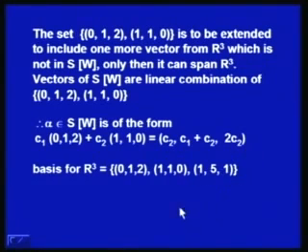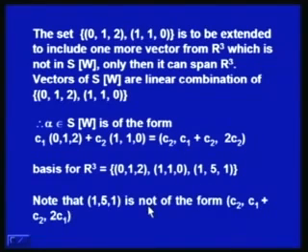Note that (1, 5, 1) is not of the form (C2, C1 + C2, 2C1), and that means this cannot be generated by these, and that means this is independent. So now I have three vectors which form a linearly independent set, and that means this is a basis for R3, and any linear combination of these three vectors will span R3.